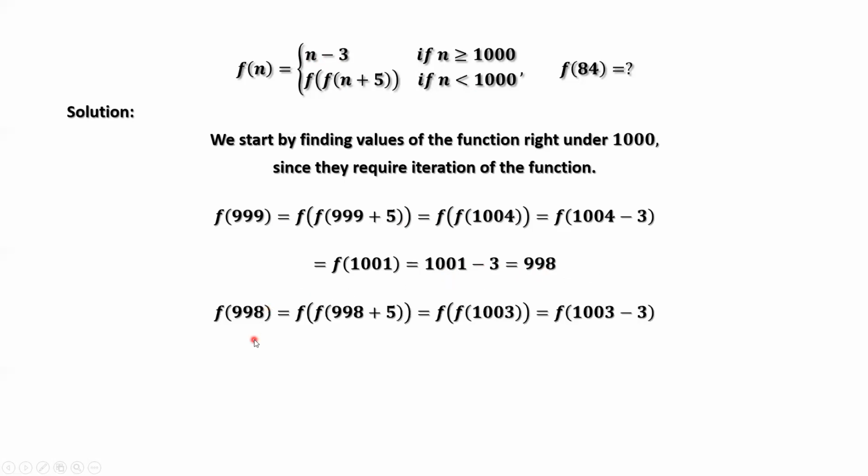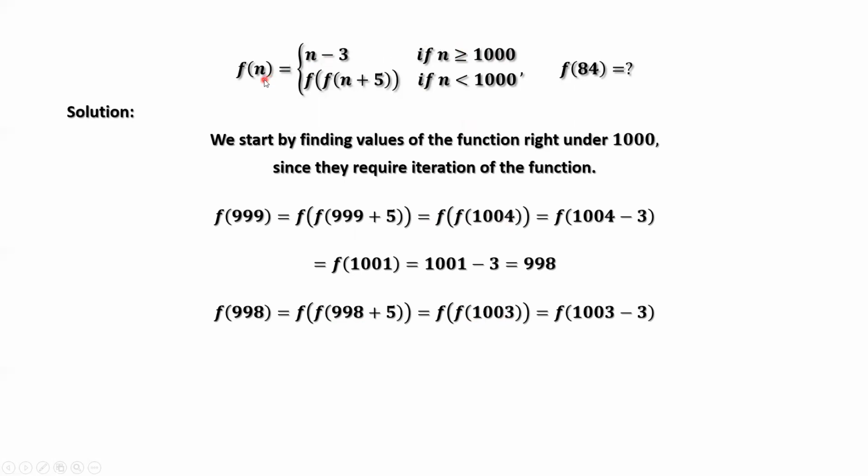Next function value, f of 998. We are repeating the same procedure as we did in this equation. The inside part is n plus 5, which is 1003. 1003 is bigger than 1000.